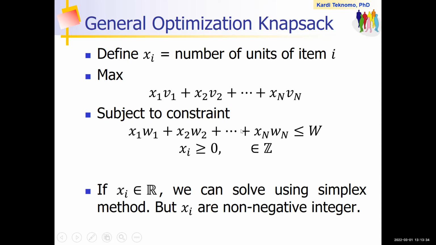We add all of this, and it must be less than a certain capacity of your knapsack, W. And this is an integer problem, so xi must be an integer.